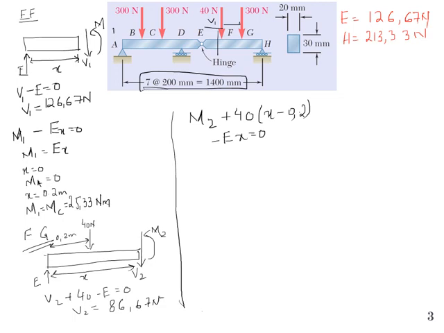Now if I put x is equal to 0.4, so this is point, sorry, not H, G. So if I put x is equal to 0.4, then M2 will be equal to MG, and if I put it in the equation, M will be equal to 42.67 Newton meter.